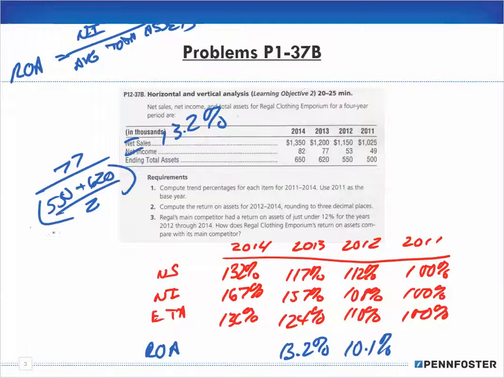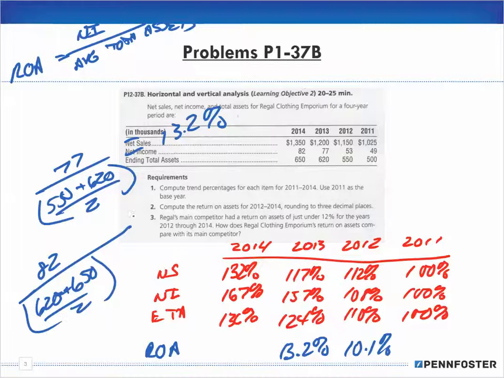It's the same thing for 2014. I have 82, and that's over 620 plus 650 divided by 2. I do all of that math, and I end up with 12.9%. Pause the video because I'm going to erase that.